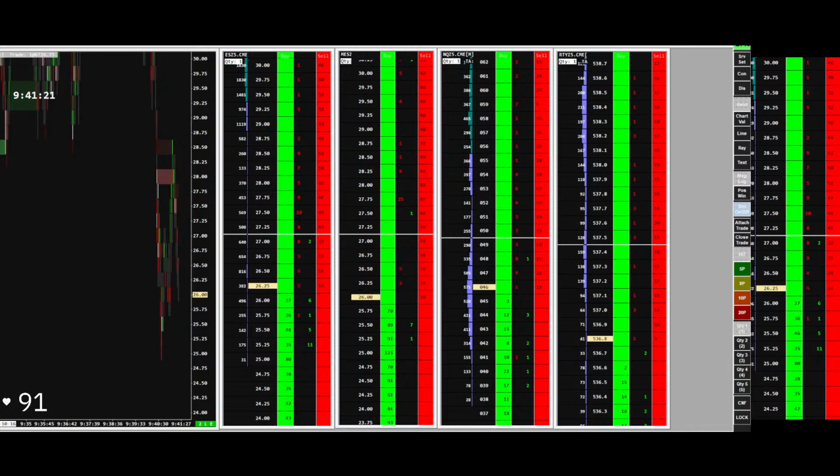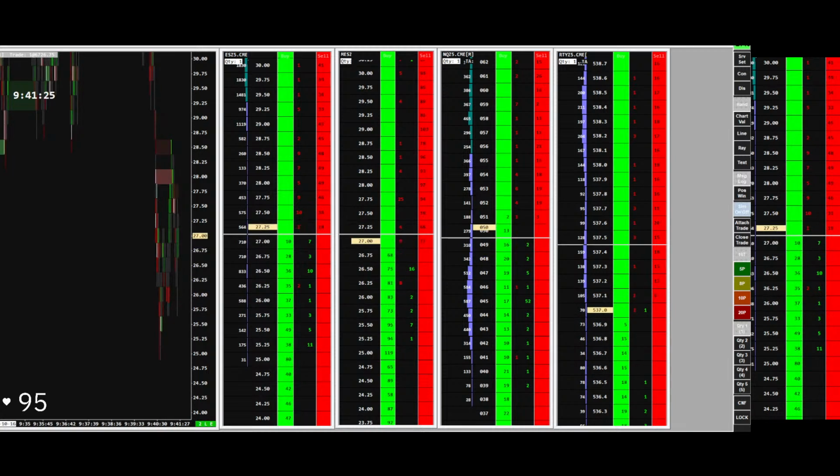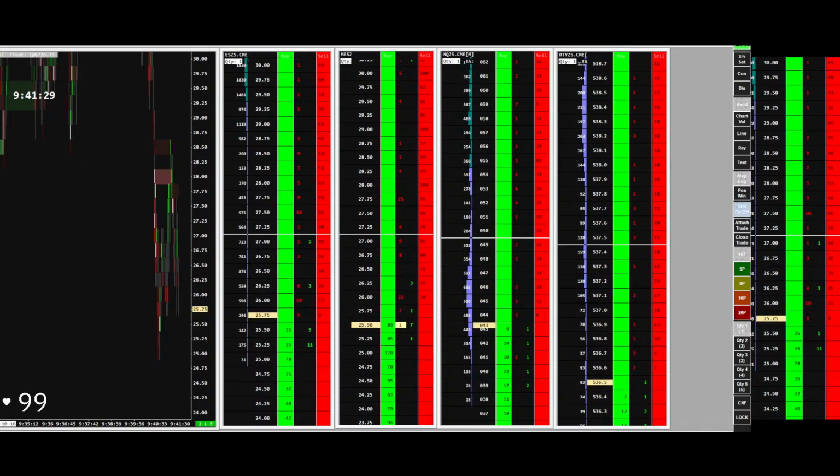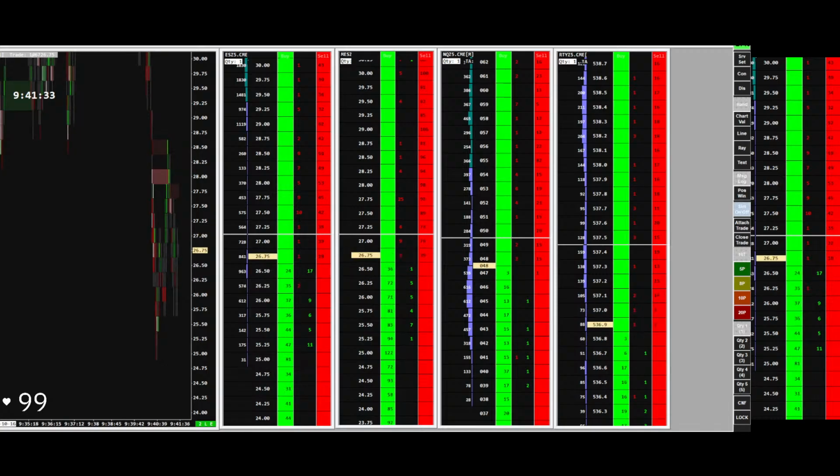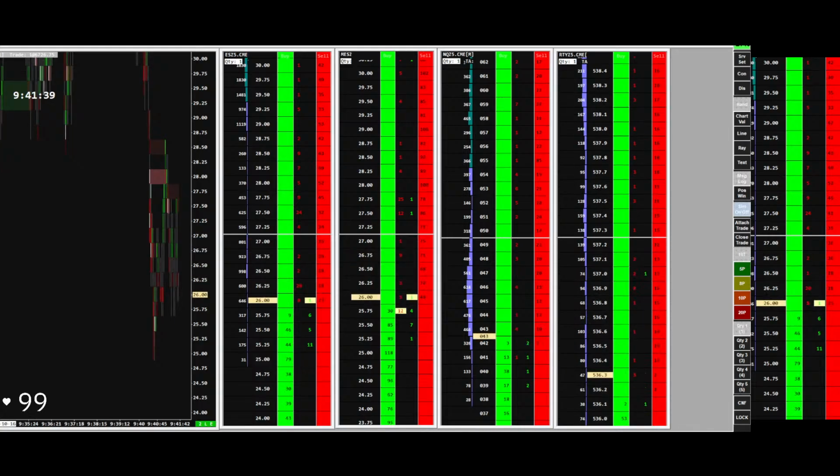I'm still struggling to load the chartbooks. I think what you might have to do is attach all your windows because you have too many windows that are floating, and it's crashing my Sierra Charts. Okay. They're all attached.